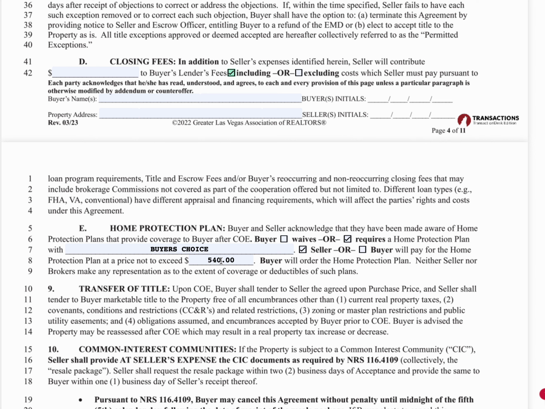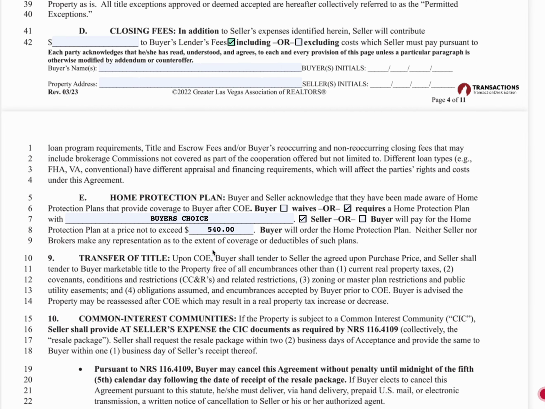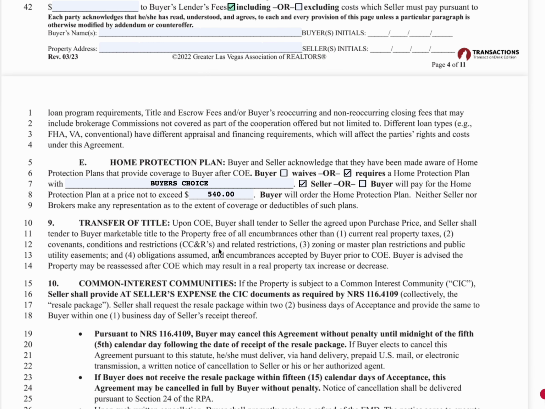Usually I'll give you a list of home warranty companies, so then you could do your own research if you want to select one. Again, if there is a difference and the amount is here, then of course the buyer would pay for the difference. Meaning that if the home warranty is $700 and the seller agreed to pay up to $540, then it would be your responsibility to pay the difference through the close of escrow.